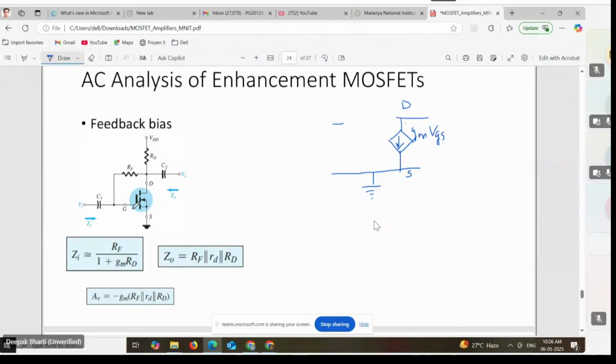Source is at ground. Then RF. If VI is applied at the gate terminal, this is your II. Okay, so RF, the feedback resistance, is connected between the gate terminal and the drain terminal. I'm writing the gate here, the gate and drain. So this is RF.